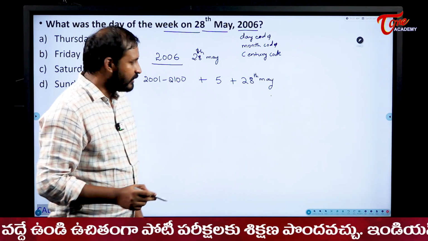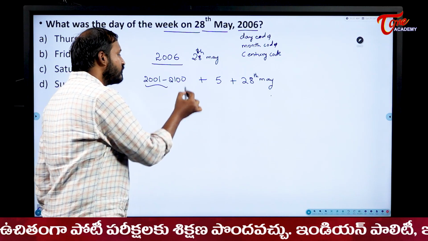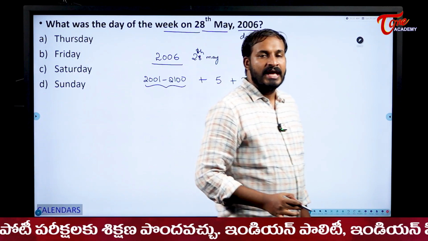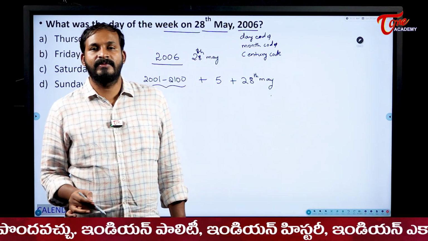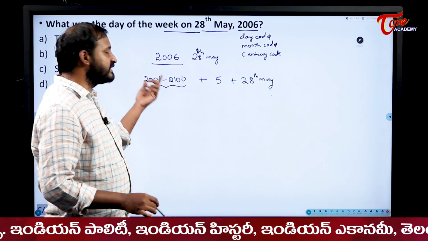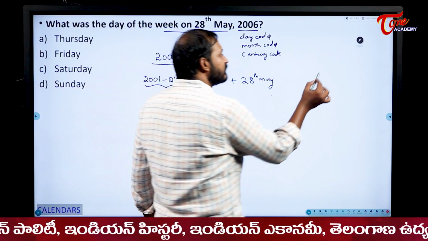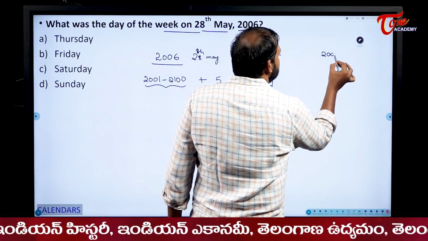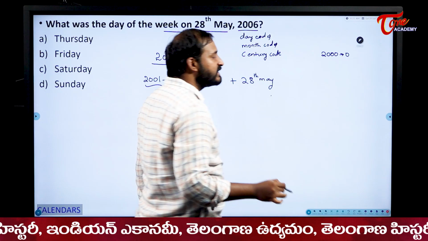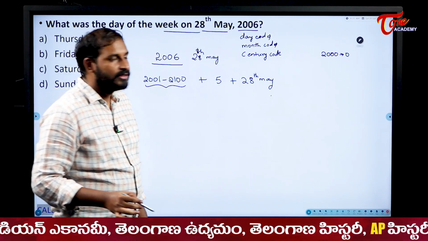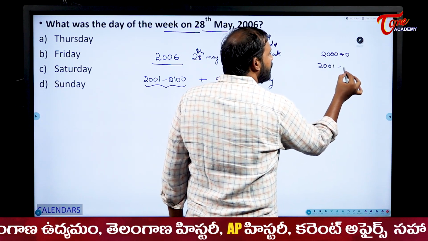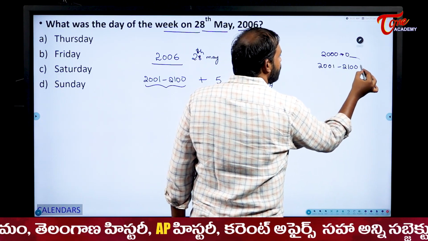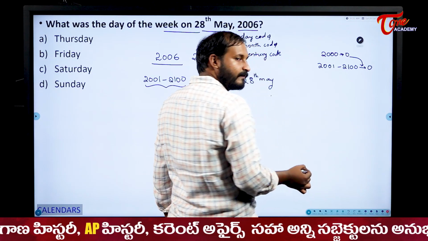Now the century code for 2001 to 2100. As we discussed in our last session, for every century leap year our odd days will become 0. What is the century leap year before this? Just 2000. 2000 is a century leap year, so for 2000 years our odd days become 0. Then the code for 2001 to 2100 will be 0.